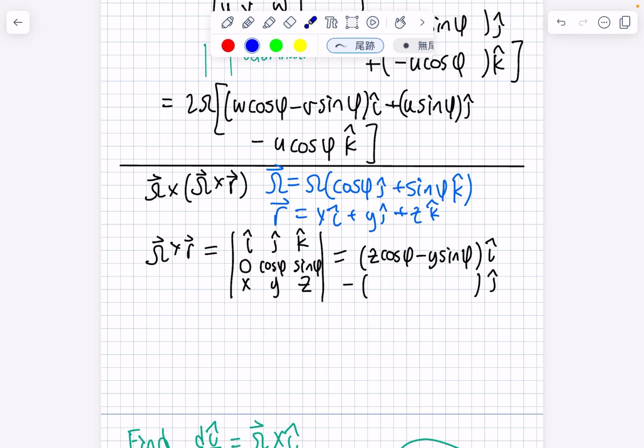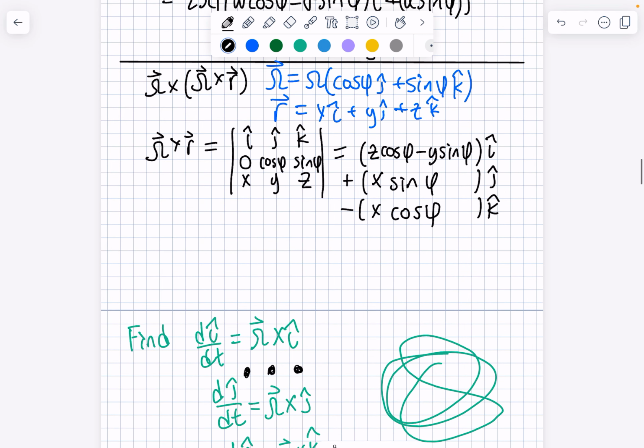Let me see. 0 times z minus. So it'll be a minus is a plus. It will be x sine phi plus something times k. So it'll be a minus x cosine phi. So that's that term.